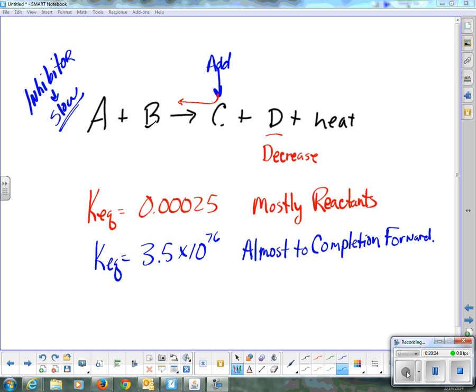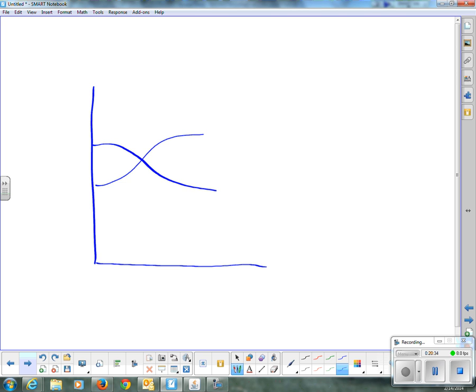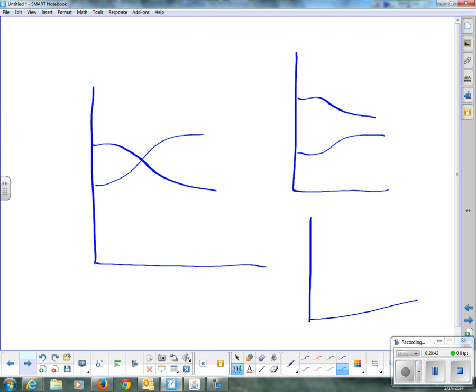Actually, let me just do one more thing. Remember on our equilibrium charts, some of you got something like this. Some of you actually just went like this. Some of you had something like this. Okay, where do I know when it's at equilibrium?